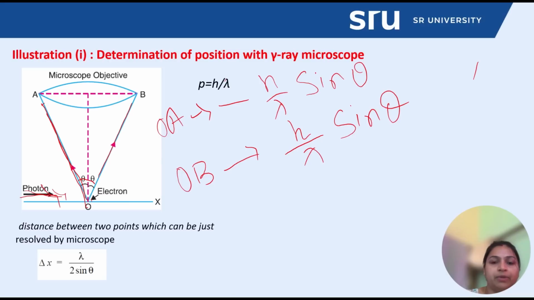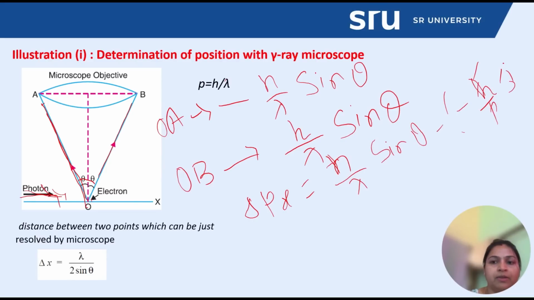delta px equal to h by lambda sine of theta minus of minus h by lambda sine of theta, so this will be equal to twice h by lambda into sine of theta.